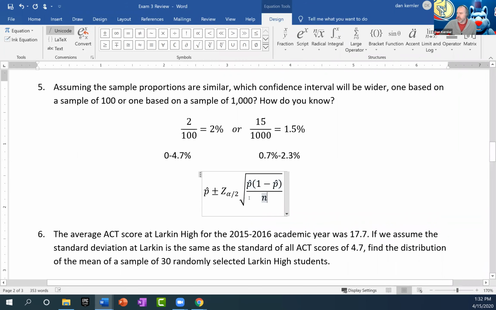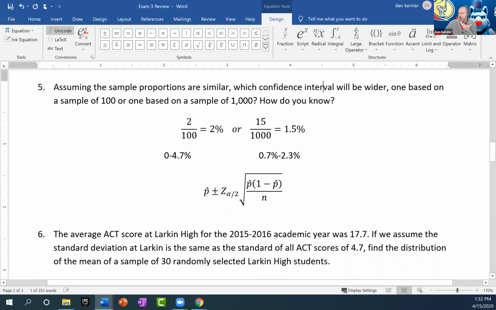The issue here is if the p hats are similar, the only difference is the n. A larger n in the denominator makes that margin of error, this part on the right, smaller, which gives you a narrower interval.